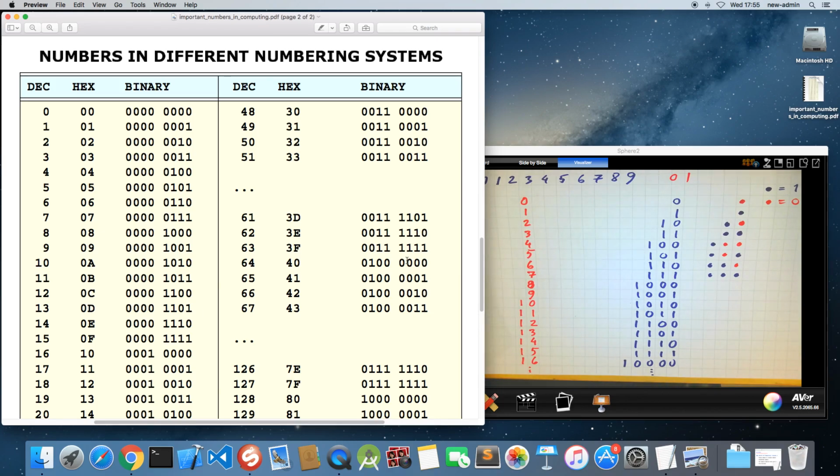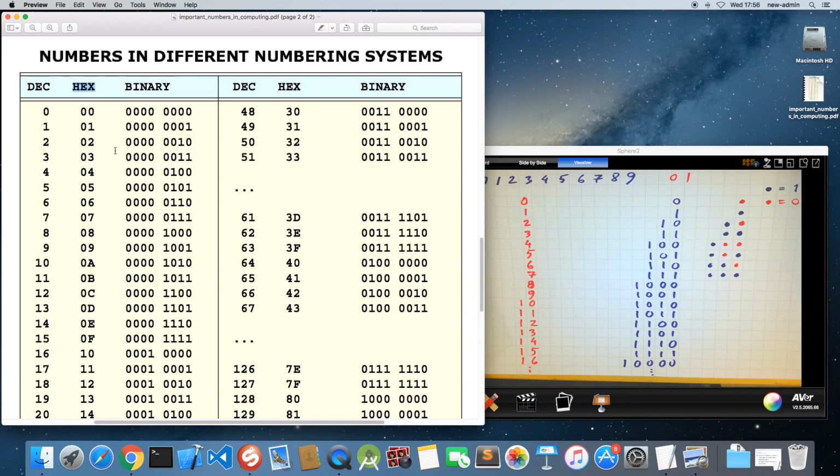I have here the same numbers that I wrote down there. I have the decimal numbers, I have the binary numbers here, but I have also the hexadecimal numbers there.